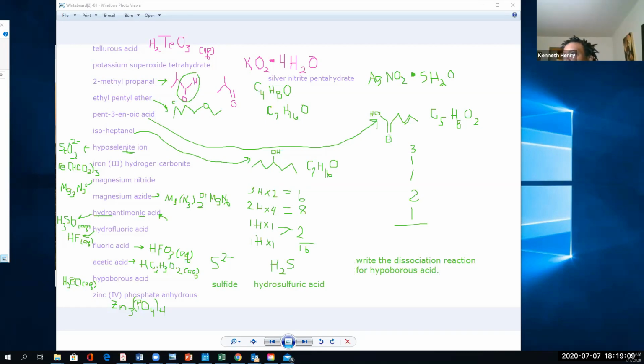Then in that case, what you're going to do is you're going to write the acid, and it dissociates into its ions, right? So what two ions is it going to dissociate into? Hydrogen and the borite. Is it borite or is it something else? So we have the hydrogen ion.